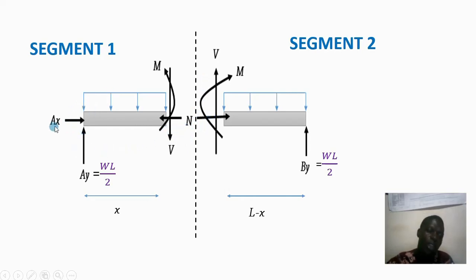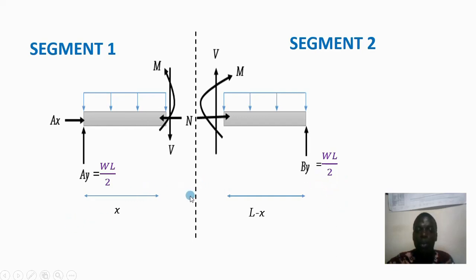Since we have a cut here, we can still give the free body diagram for segment 1 and segment 2, with the horizontal force Ax, the vertical force Ay, WL out of 2. Then on the other side, we also have By equal to WL out of 2.